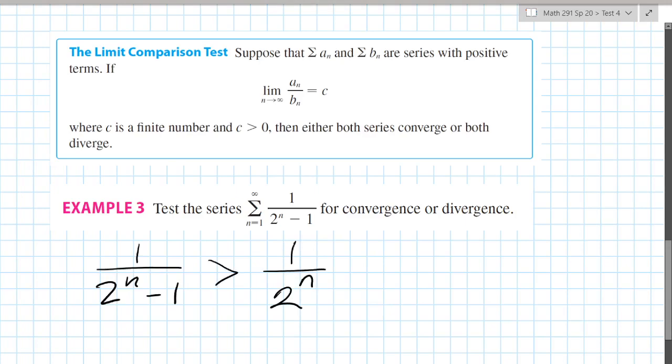But this inequality is not true, since if we look at the denominators, which fraction is bigger? Well, the fraction on the right would be bigger than the fraction on the left.